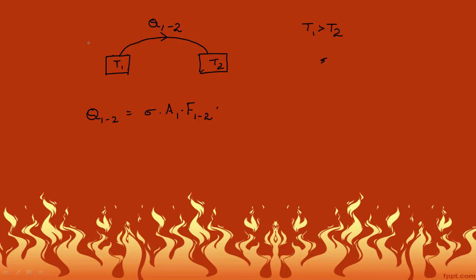Emissivity is denoted by epsilon, which is nothing but the emissive power of the given body to the emissive power of a black body. This emissivity value ranges from 0 to 1 depending upon the type of object that we have considered.